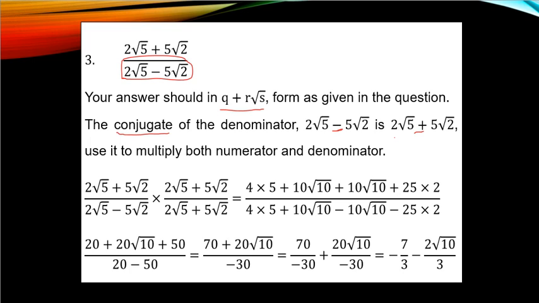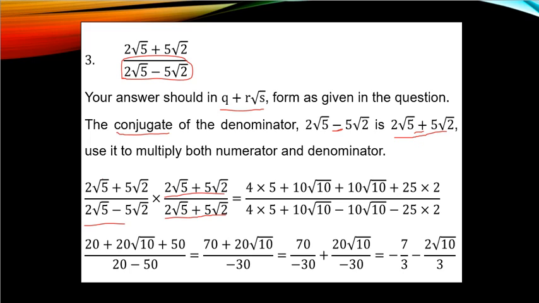So you use this conjugate to multiply both numerator and denominator in order to rationalize it. Okay, so you have the problem here: the conjugate multiplying the numerator, the conjugate multiplying the denominator.